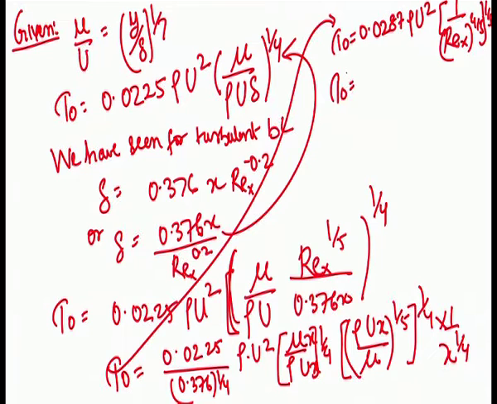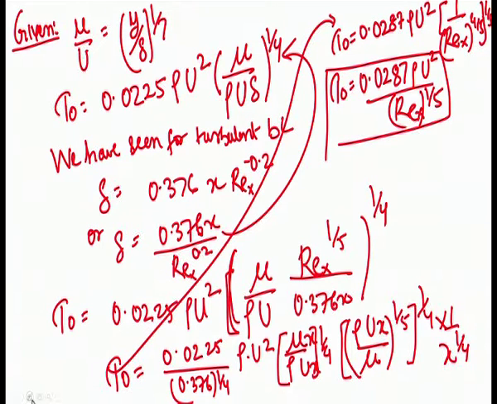Tau naught is equal to 0.0287 rho capital U squared divided by Re_x to the power 1 by 5.